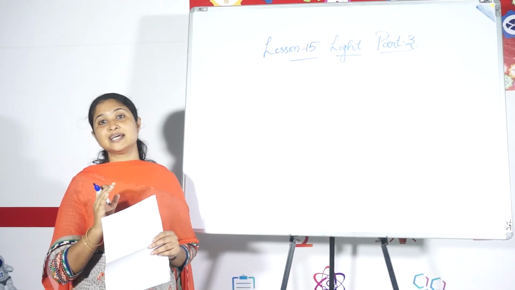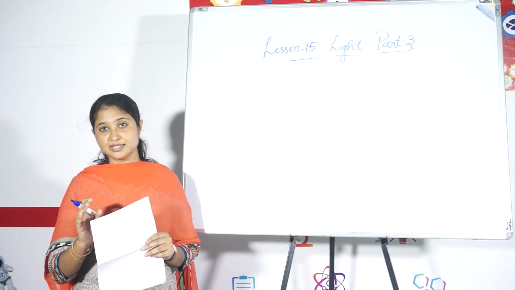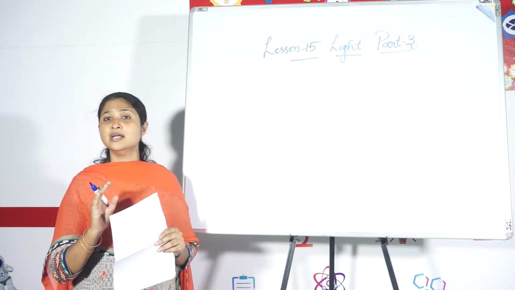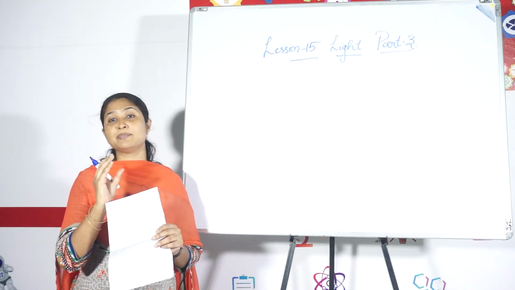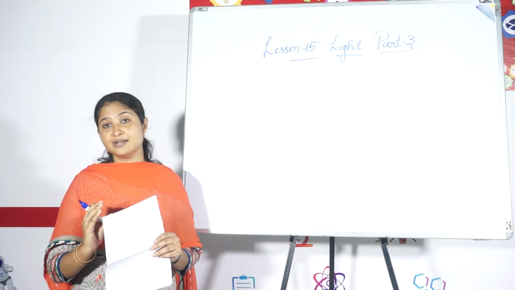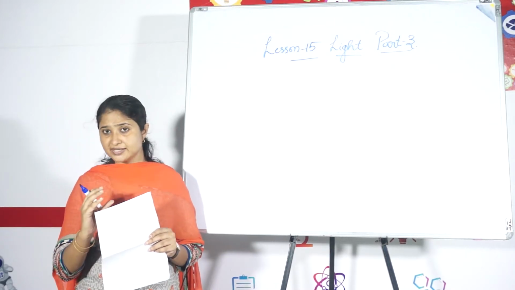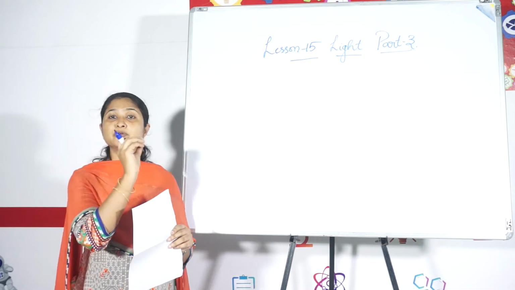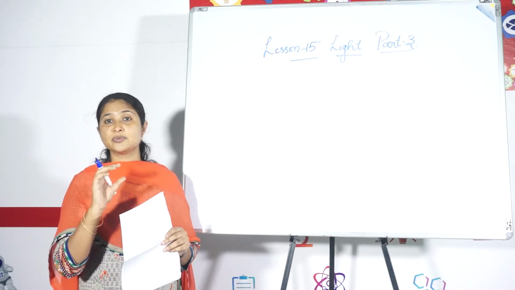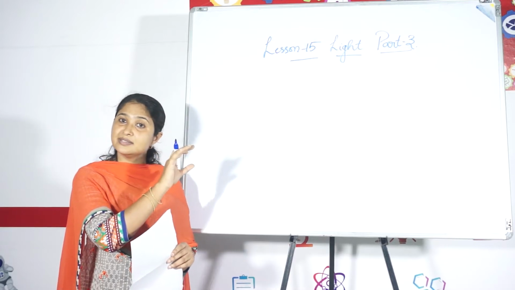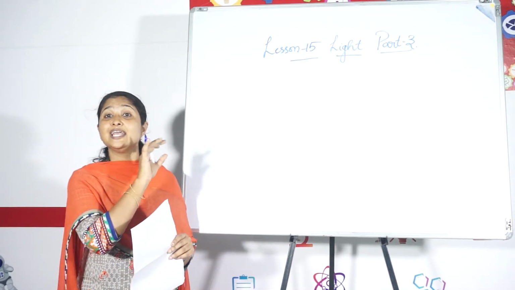Then we studied the images formed in a plain mirror. I told you, for example, you take a candle. This candle is the object, and put it in front of the mirror. You can see the same candle burning inside the mirror. That candle is the image.